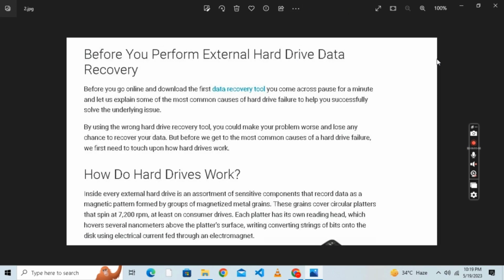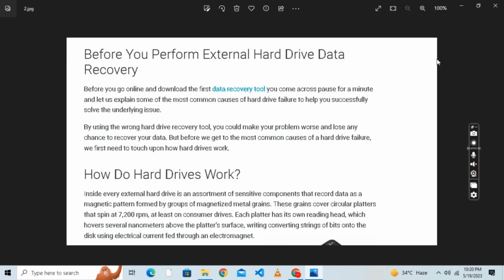What could be disastrous situations now? Before you perform external hard drive data recovery, before you go online and download the first data recovery tool you come across, pause for a minute and let us explain some of the most common causes of hard drive failure to help you successfully solve the underlying issue.